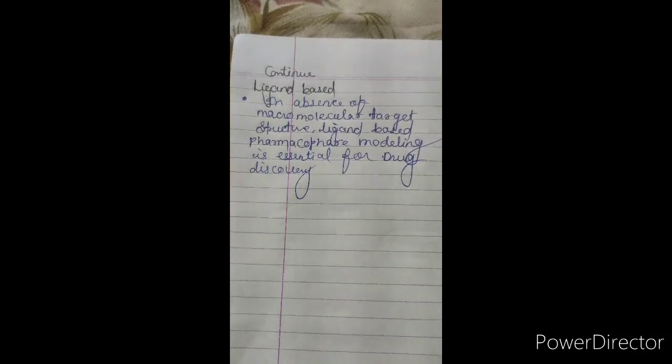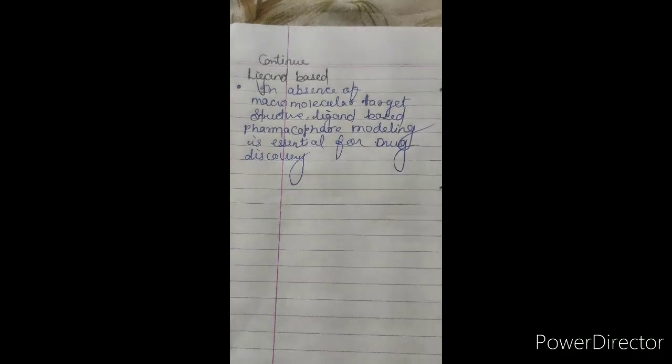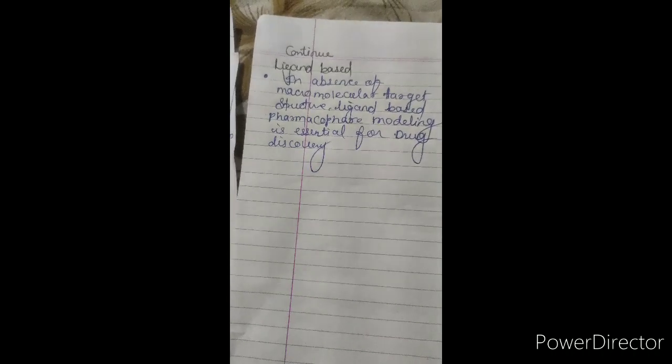In absence of the macromolecular target structure, meaning again receptor, again protein, ligand based pharmacophore modeling is essential for drug discovery. Suppose we are discovering a drug, and the receptor or protein structure is not available in the virtual library, so we cannot download it from that library.